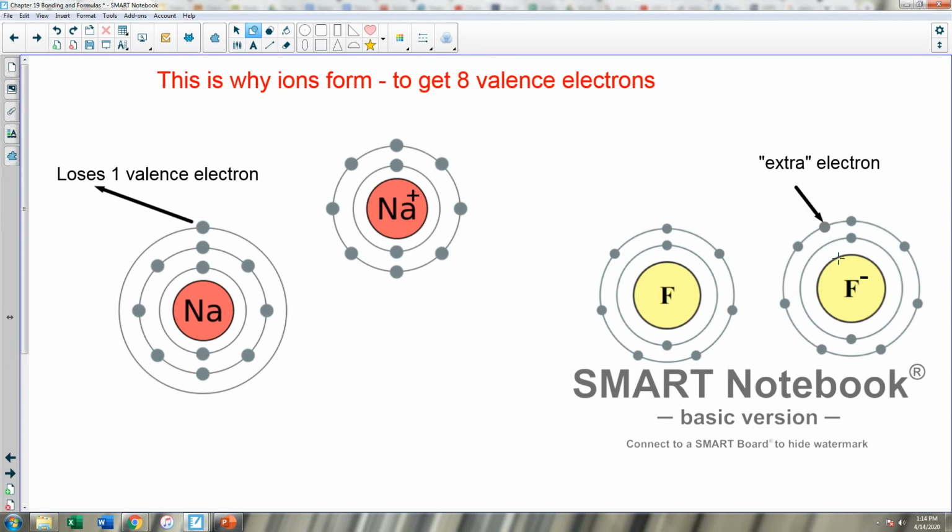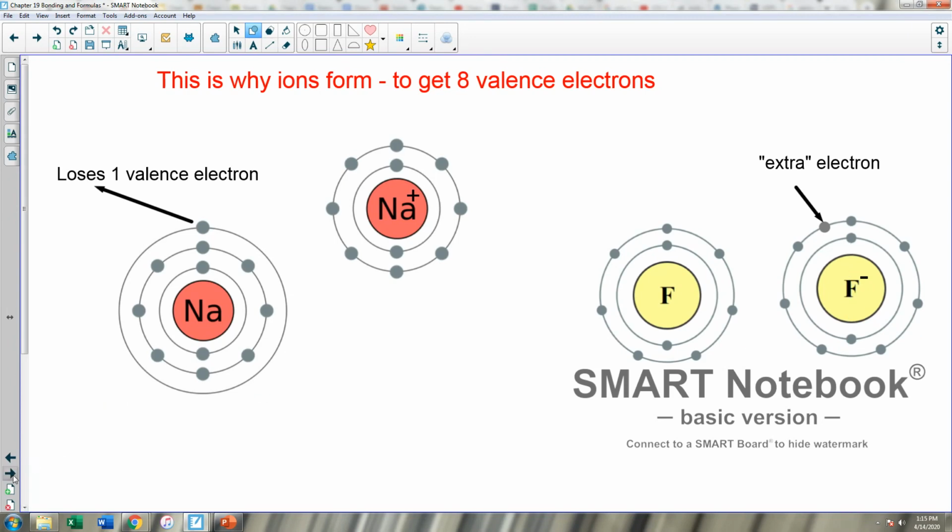And remember, all fluorine atoms only have 9 protons. If they had a different number of protons, they wouldn't be fluorine. So when it gets that extra electron, it becomes a negative ion, because it still keeps its 9 protons, and then it has 10 total electrons, 8 in the last shell and 2 in the first shell.